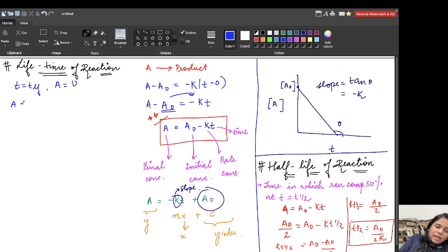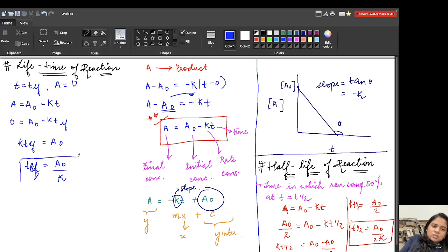You know the original equation, A equals A naught minus KT. A is becoming 0, so A naught minus KT lifetime equals 0. KT lifetime will be equal to A naught, so T lifetime will be equal to A naught by K.